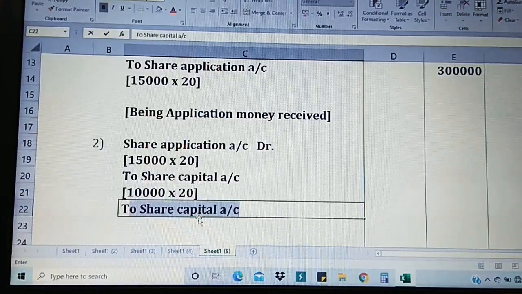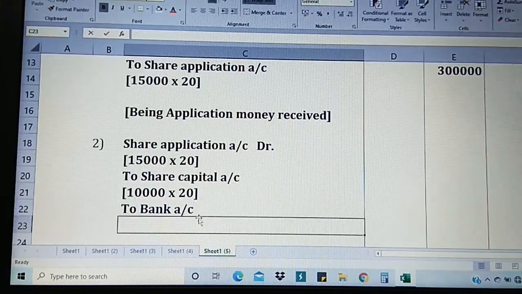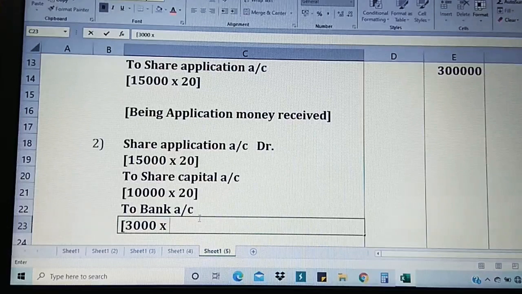And the balance 3,000 is rejected and refunded. So we take 3,000 shares and refund it.